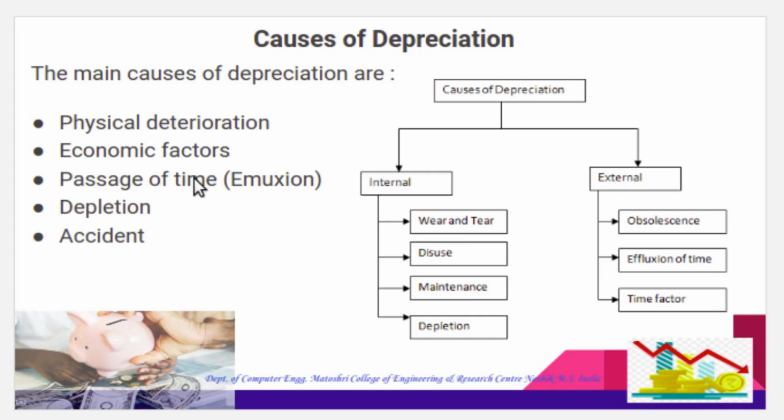The second reason is the decline in demand determined by the change in customers' taste for articles producible from the existing machinery or plant. Then the third reason is inadequacy, which refers to the termination of the present asset due to the increase in volume or activity.